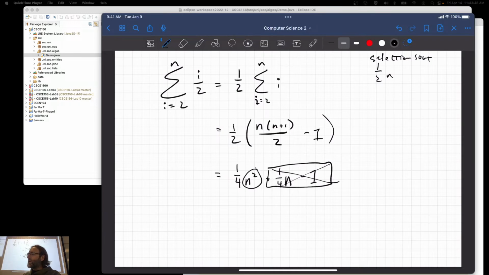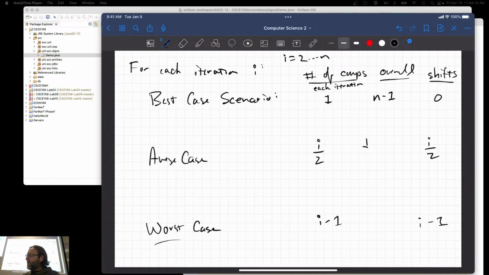So now you are asking an engineering question. Between these two sorting algorithms, which one should be better in practice? Selection sort with 1/2 n, or 1/2 as many comparisons on average? Which one? Insertion sort, right? Smaller is better. Why? Because you're doing less work. Right? So this is going to be 1/4 n squared, about. Okay?